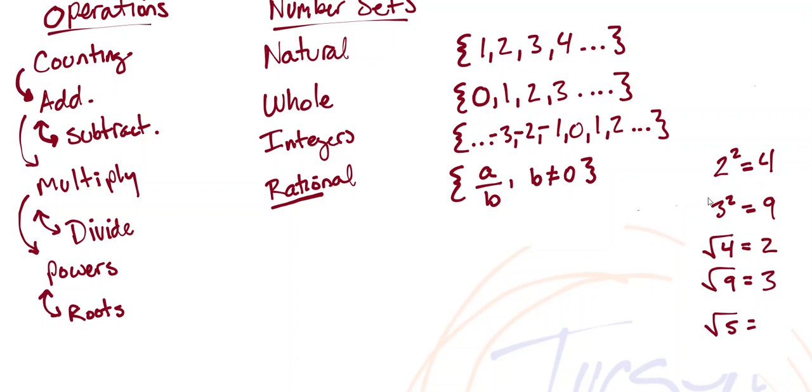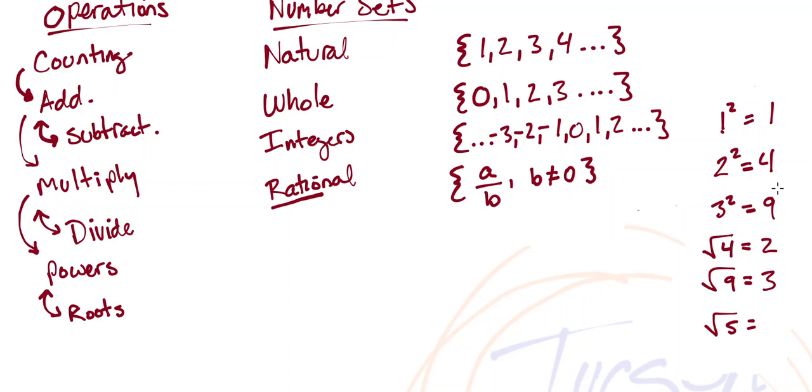And it turns out that number doesn't exist. There is no number that if you square it, you'll get 5. And if you think about this, it makes perfect sense. There's only a limited number of perfect squares, right? 1 squared is 1, and 2 squared is 4, and 3 squared is 9, and 4 squared is 16.